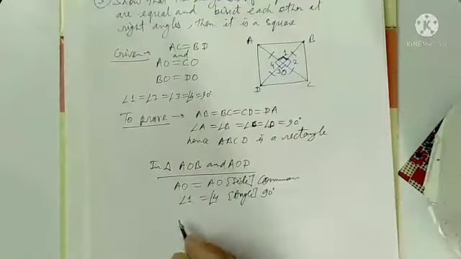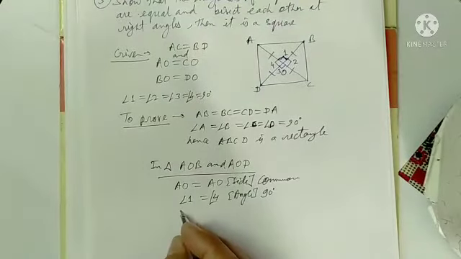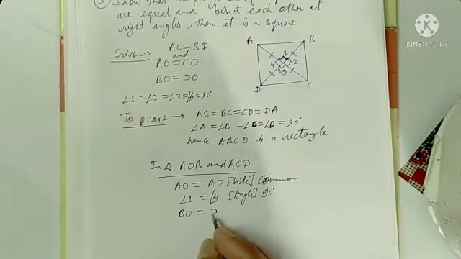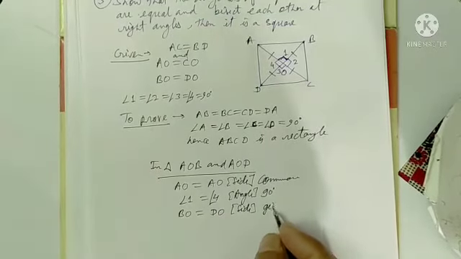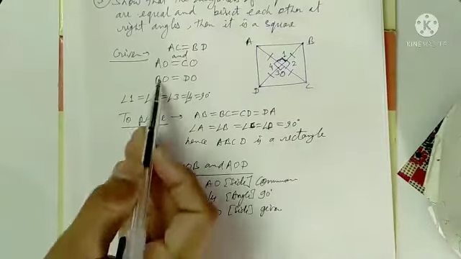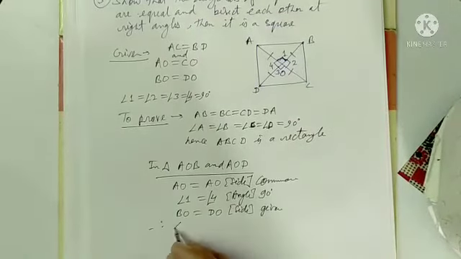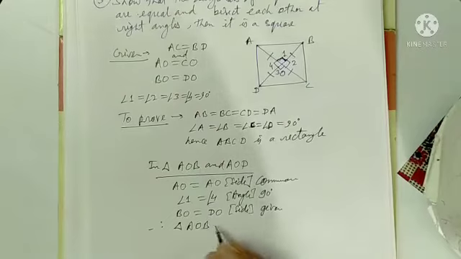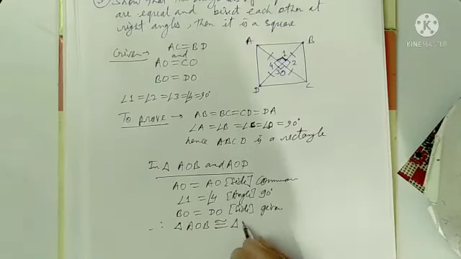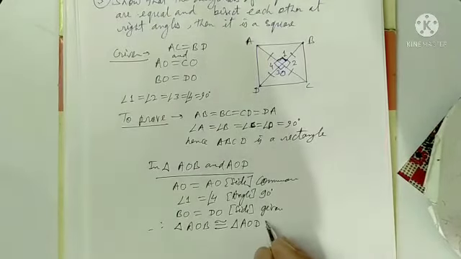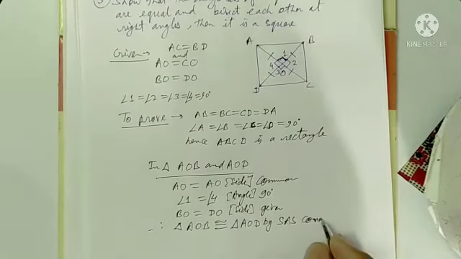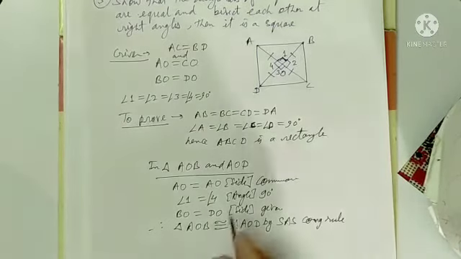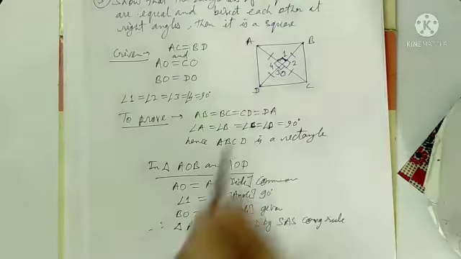Then BO is equal to DO, this is a side of both triangles and the reason is given. So therefore we can say triangle AOB is congruent to triangle AOD by the SAS congruence rule.